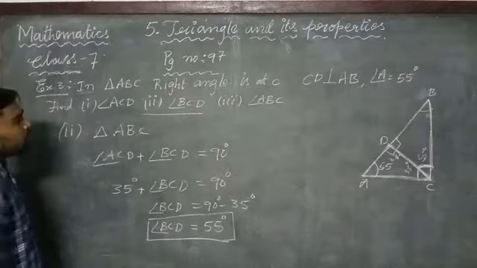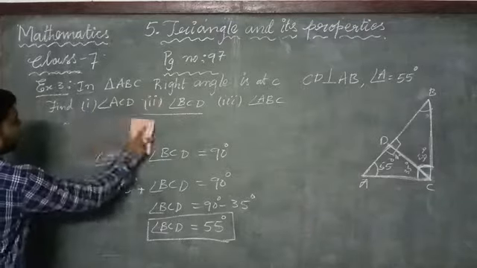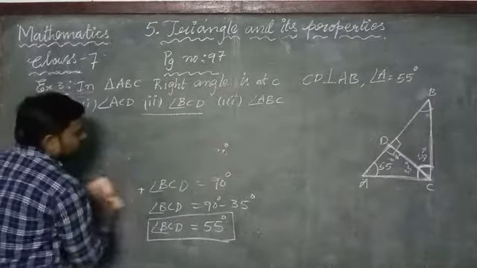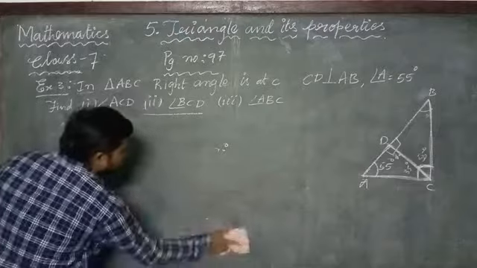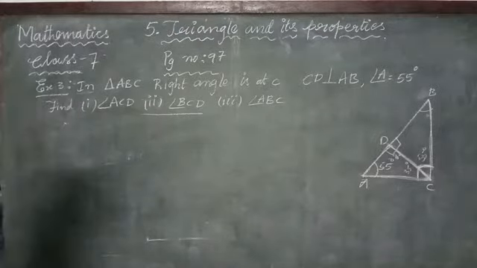Now let us see the angle ABC. The angle at B we have to find out for the third bit.